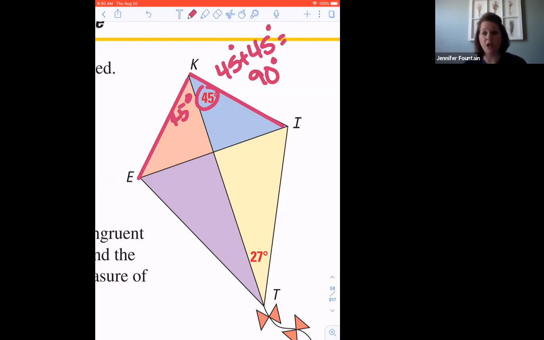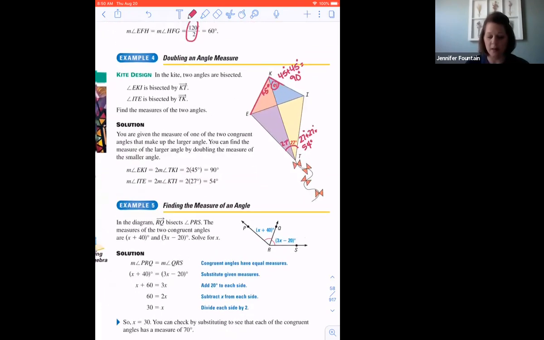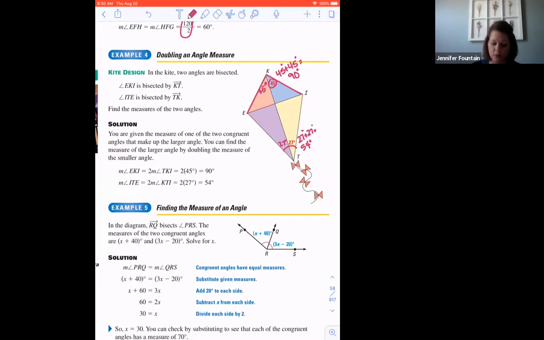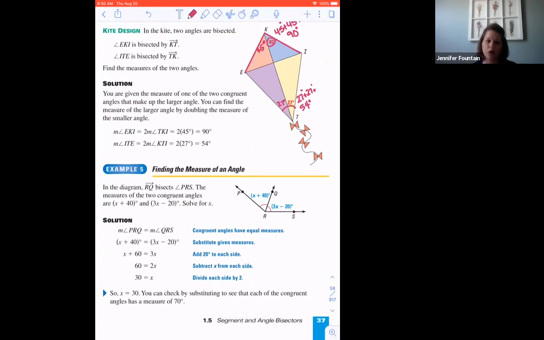If I know that they are congruent, if I know it's an angle bisector, now I just add them together to find the total angle measure. Same thing down here. If this one's 27 and this one's 27, I add 27 plus 27, and I get 54 degrees for this entire angle. So if I know one angle of congruent angles, all I have to do is double it to get the measure of the larger angle.